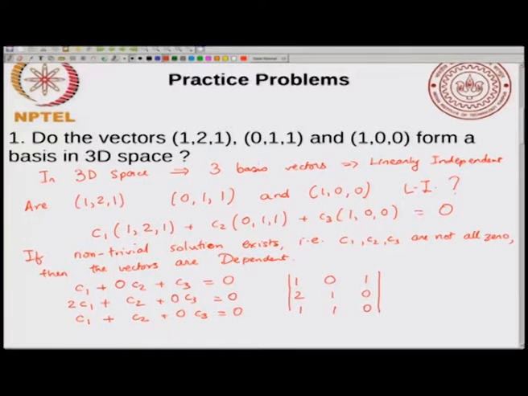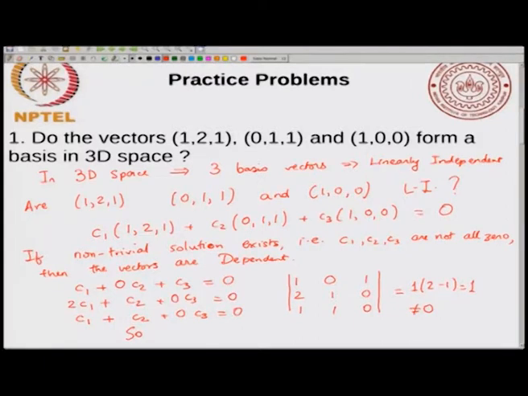It will just be 1 times 2 minus 1, equal to 1, not equal to 0. Since this determinant is not equal to 0, the only solution that exists is for C1, C2, C3 to all be 0.